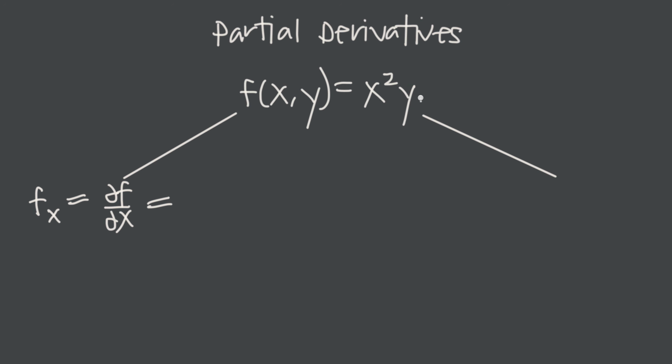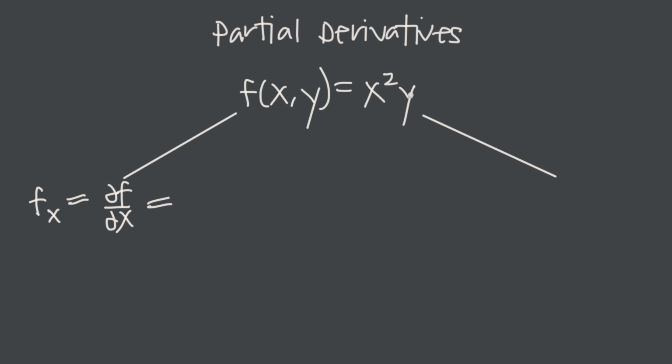One trick I like to use is to think of the other variables as actual constants. So we say we're treating y as a constant, but what does that really mean? Well, let's actually think about replacing y with a constant, like for example, the number 3, or you could pick 2 or 7. It doesn't matter which constant, but you can think of it that way.